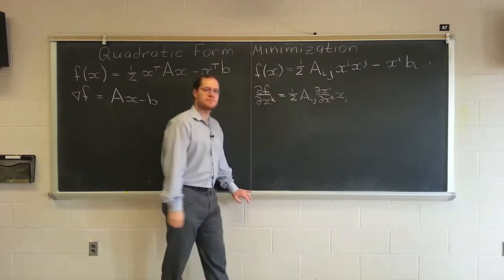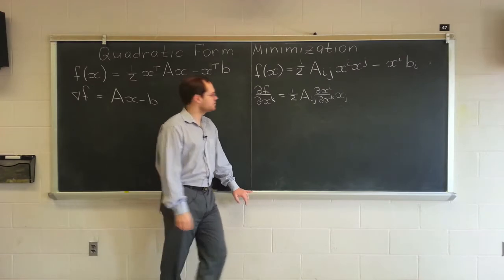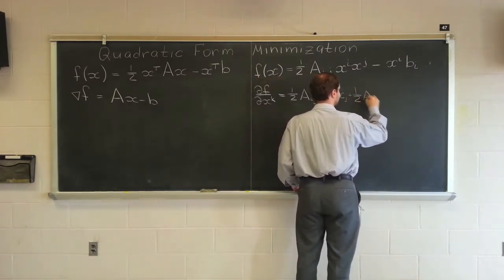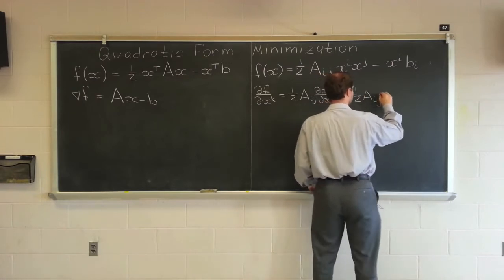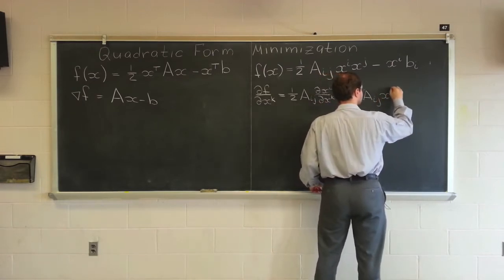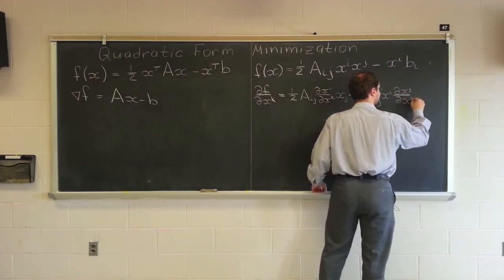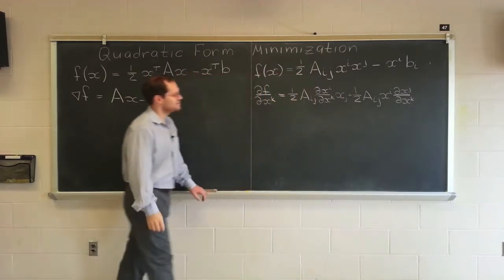You guys agree? This being the first step of the product rule, plus 1/2 A_ij, leave x_i alone, dx_j dx_k. Oh, I'm going to have just enough space.